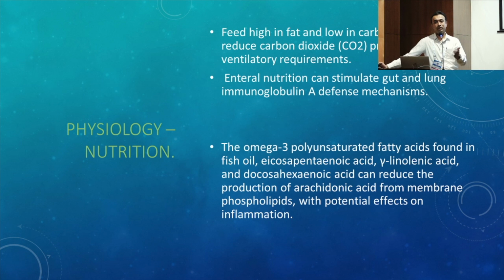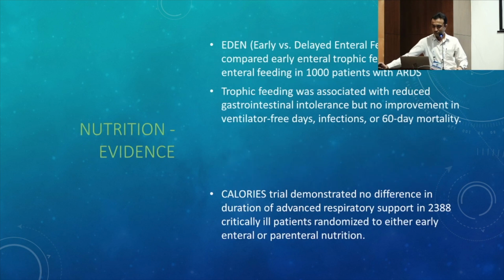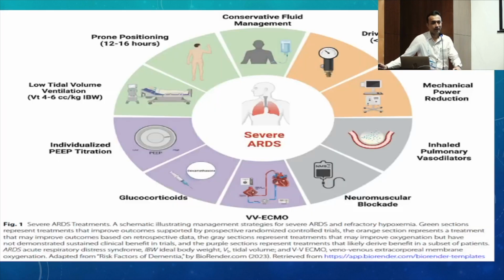That's why they compared omega-3 versus omega-6. Again, no big difference. Delayed nutrition versus early nutrition, no big difference. Ultimately, whatever is your regular practice in the ICU, give nutrition. If there's any contraindication, start some form of nutrition, either enteral, partial parenteral, or total parenteral. But there is no major effect on the ARDS management.